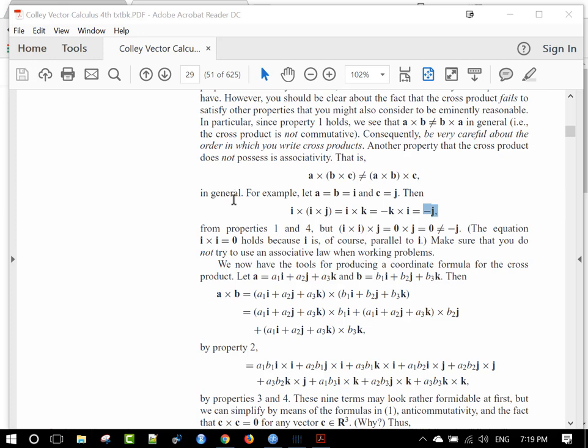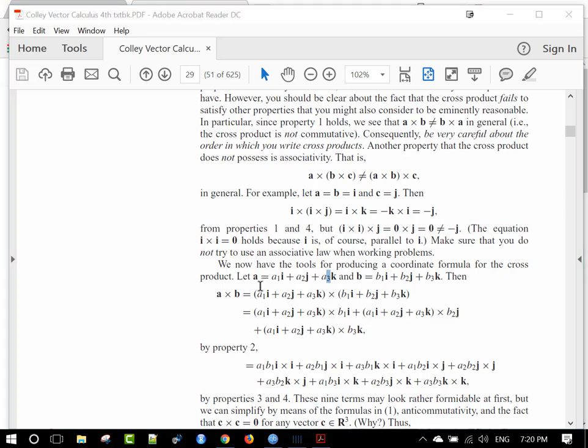Okay, the next thing we want to do is, now that we have these properties of the cross product, can we get some kind of formula if A is written in terms of A1, A2, and A3, and B is B1, B2, B3, without using, for example, the sine function?